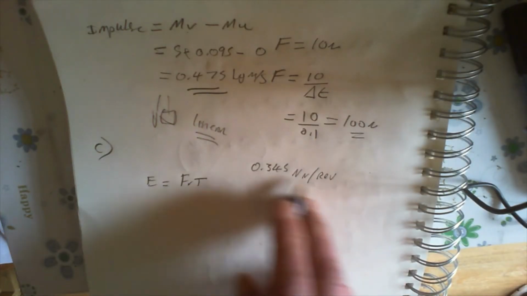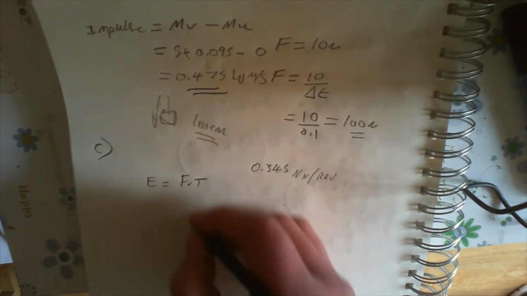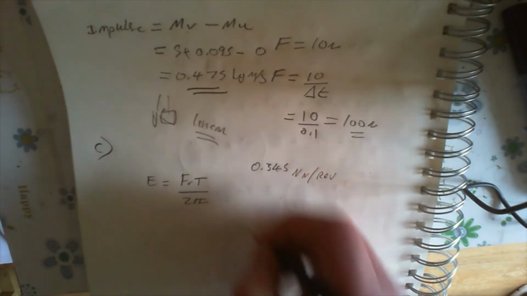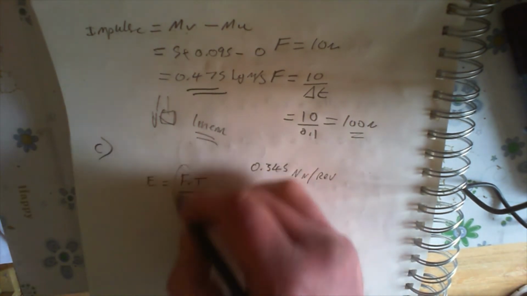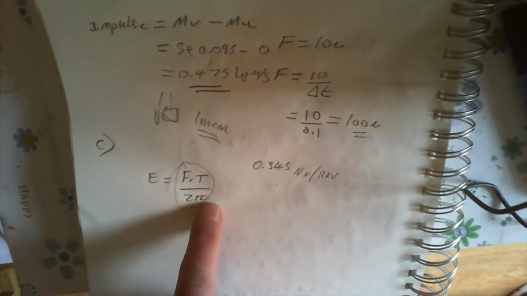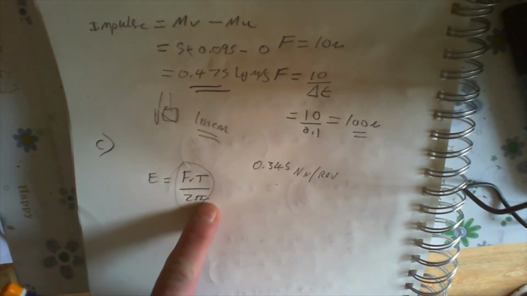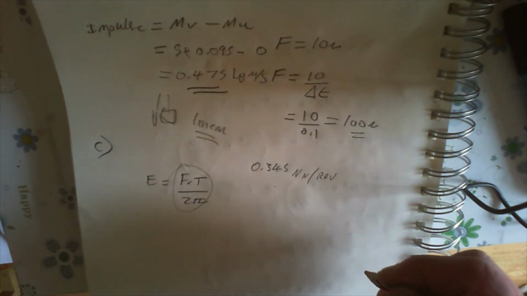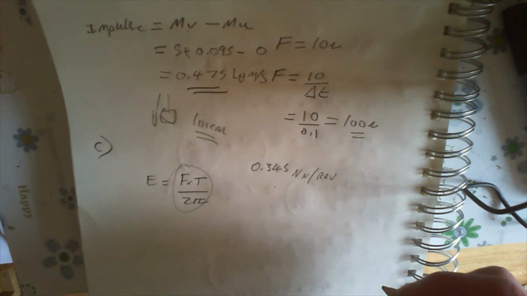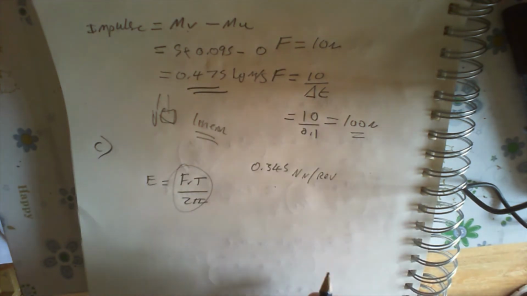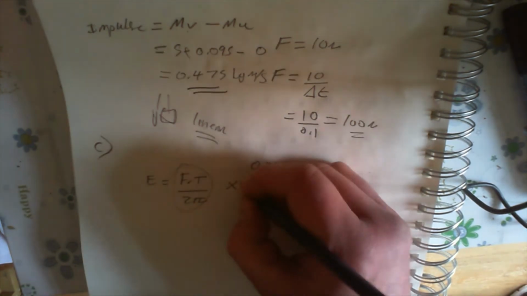We always work in radians, so if you divide that by 2 pi, that gives you the energy per revolution. Then to find the total, it says 10 revolutions, it's going around 10 times.